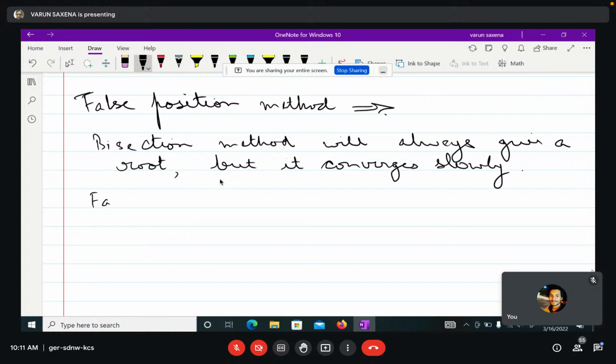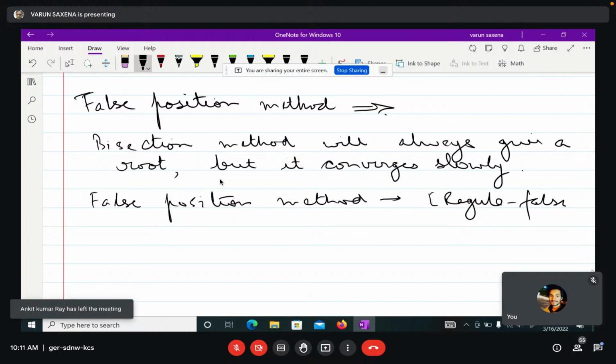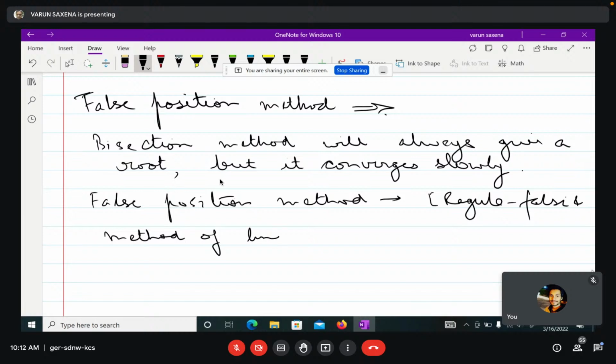False position method is also known by different names. It's called the regula falsi method. In some books you'll find it as regula falsi. It can also be called the method of linear interpolation.